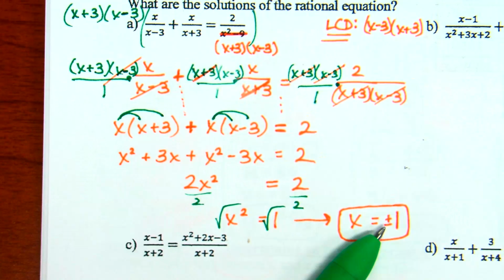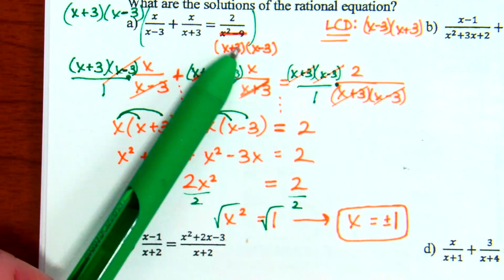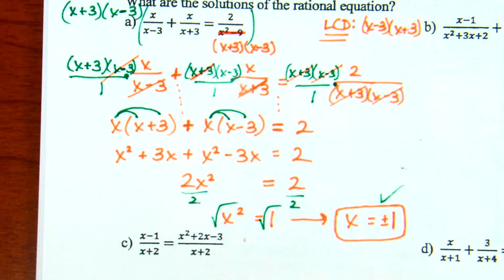No. If I plug 1 or negative 1 into any of these denominators, is it ever going to make any of them 0? No. So that was my check. I didn't write anything down for my check, other than I just wrote a check mark as a reminder. But that's my check. That when I put 1 and negative 1 into the denominators, I'm not going to run into an issue.